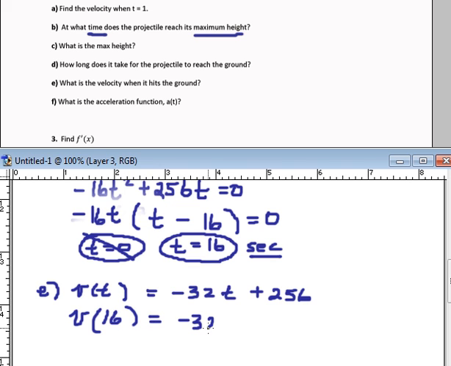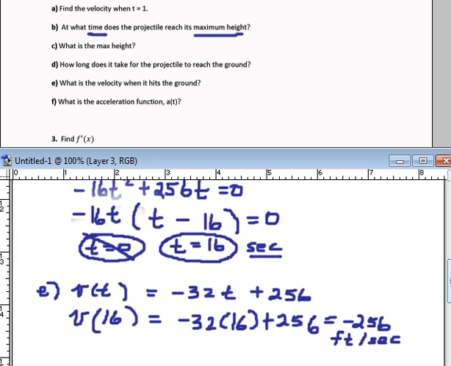Okay, so here we have minus 32 times 16 plus 256. And we get minus 256 feet per second. And since the projectile is going down when it hits the ground, it makes sense that our velocity is negative over here.